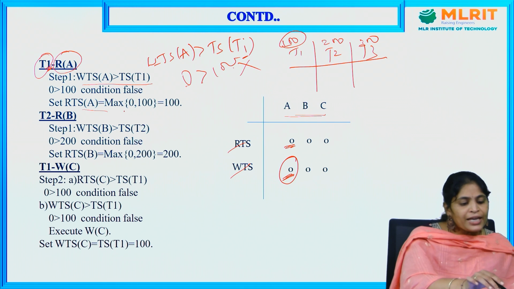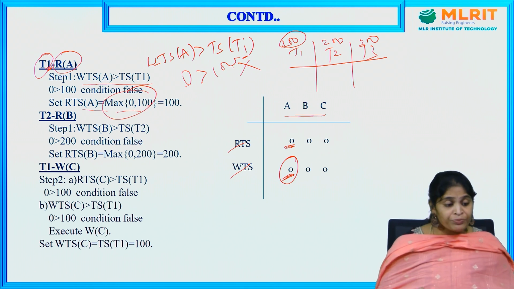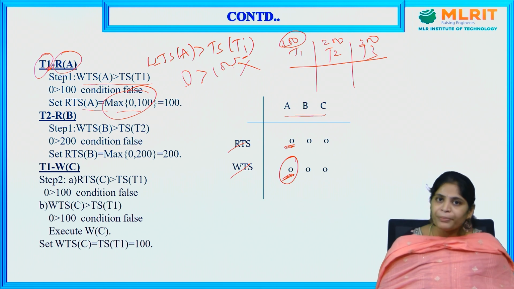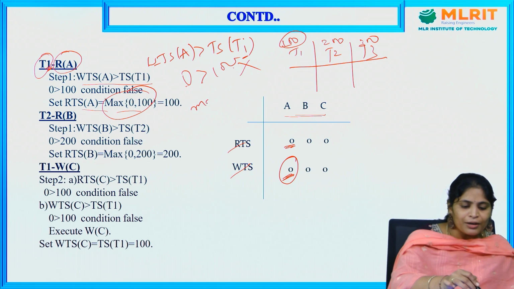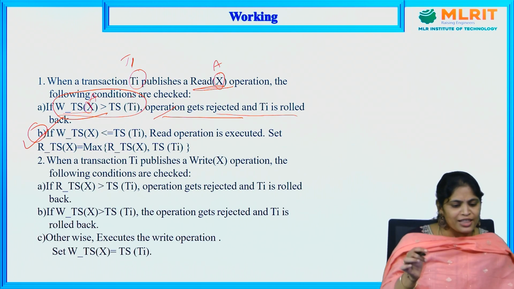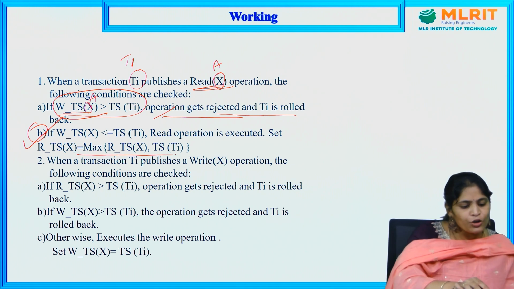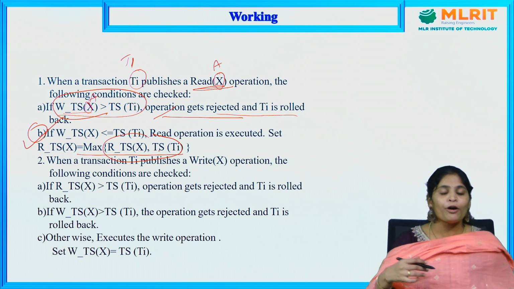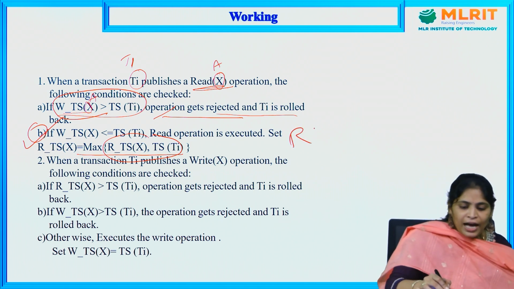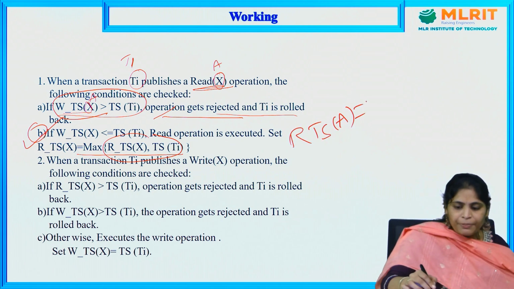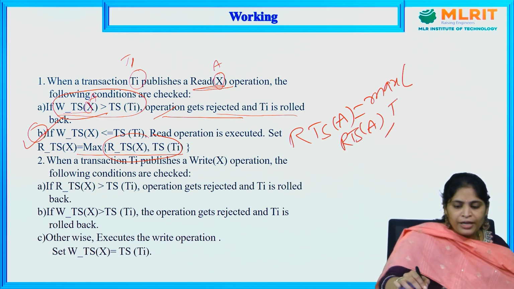What is the second step here? RTS of A is equal to max of 0, 100. We need to update the read timestamp of A with the maximum of 0 and 100, which is the read timestamp of X and the timestamp of Ti. That means RTS of A will be max of RTS of A and TS of T1.